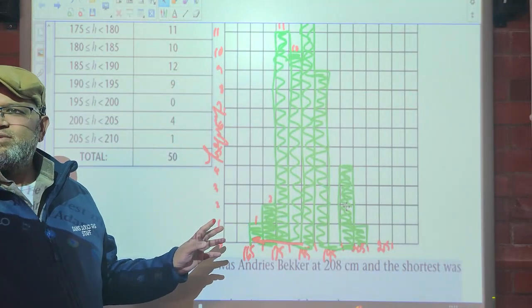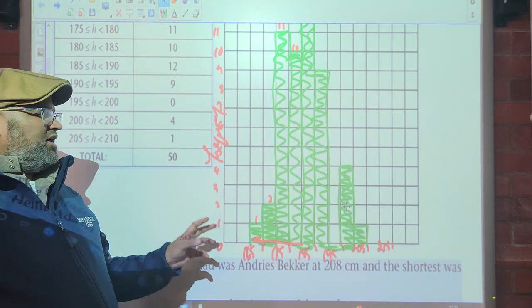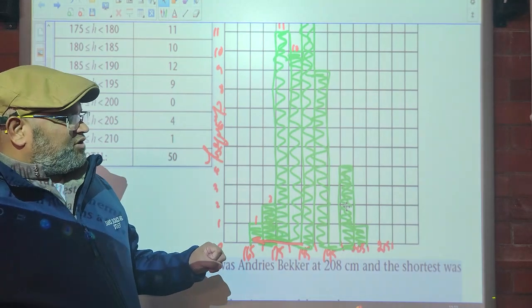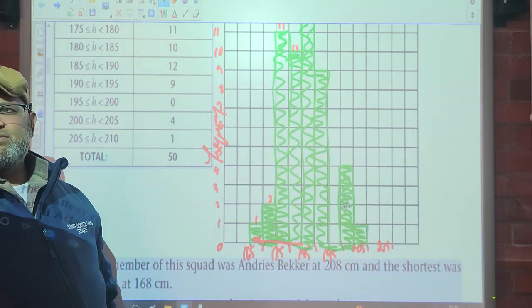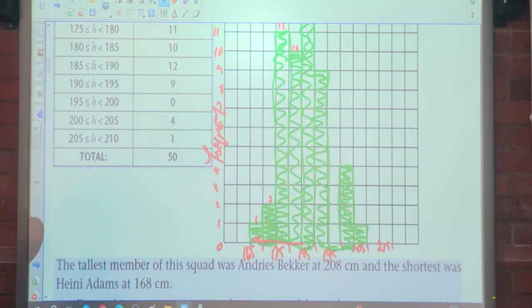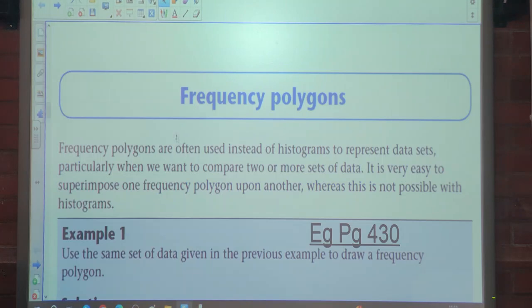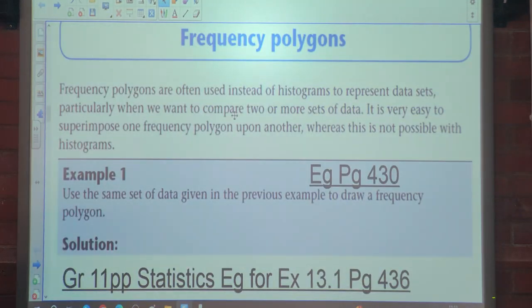You understand? To draw another bulky graph on this, you won't be able to see the difference many times. Okay? So that is where the frequency polygon comes in. Exactly what I just said now.